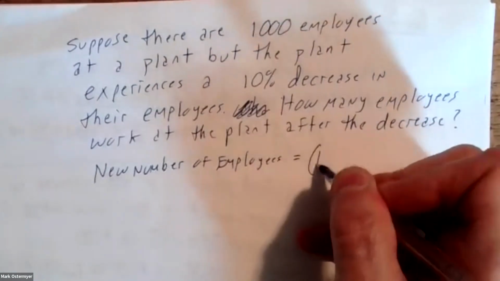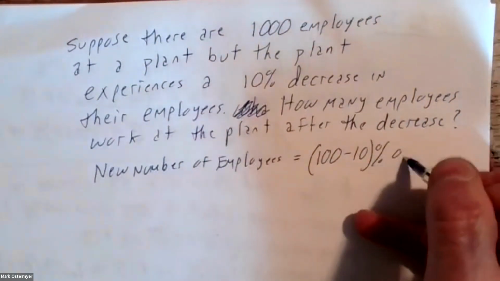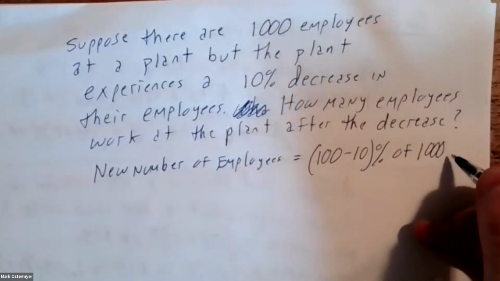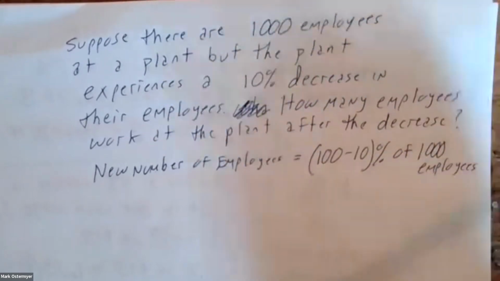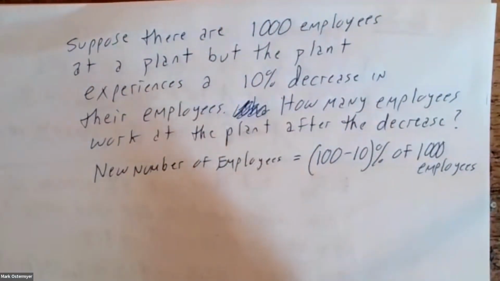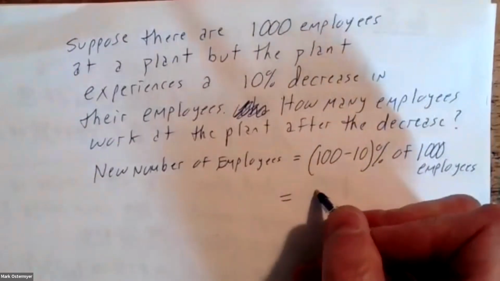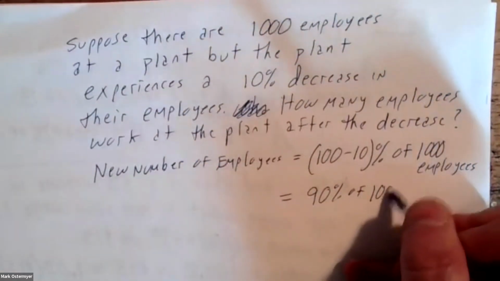Well, it'll be 100 minus 10% of the original number of employees, which is 1,000. And that's how we're going to compute how many employees remain at the plant after the 10% decrease. So this means the number of employees remaining at the plant is going to be 90% of the original number of employees, which is 1,000.